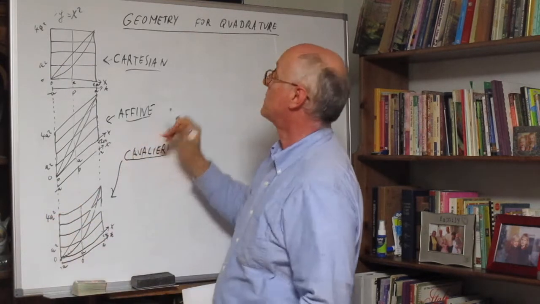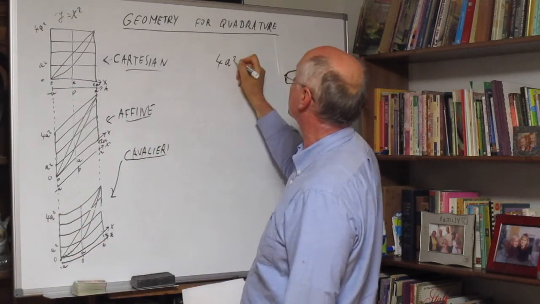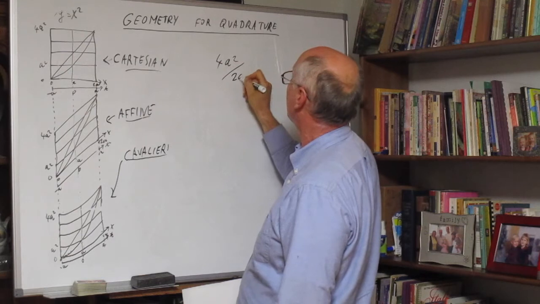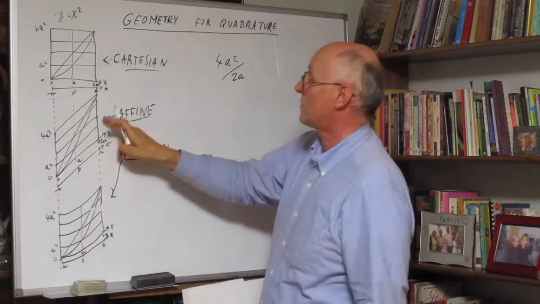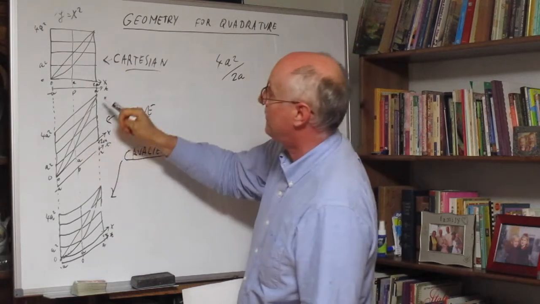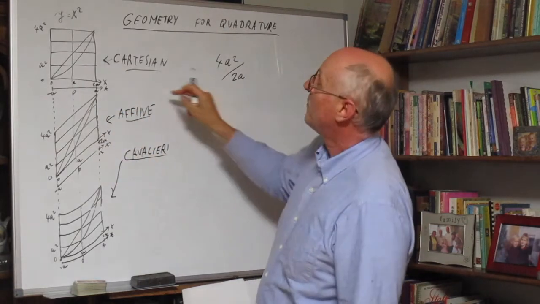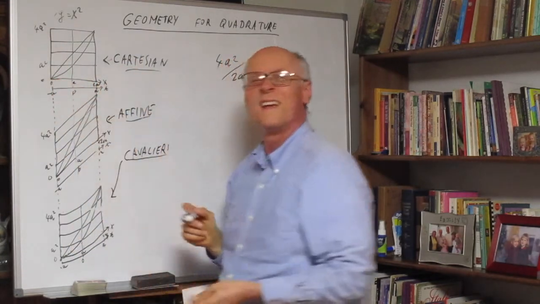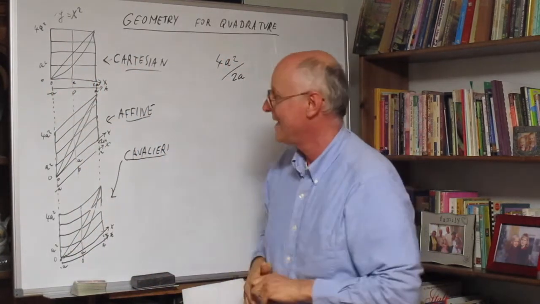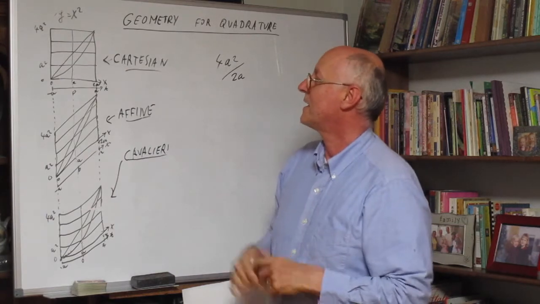Well, that's the same, 4a squared over 2a. You conclude as an amoeba that the slope of this diagonal is 4a squared over 2a. But you conclude the same thing over here, 4a squared over 2a. It's kind of an interesting discrepancy.